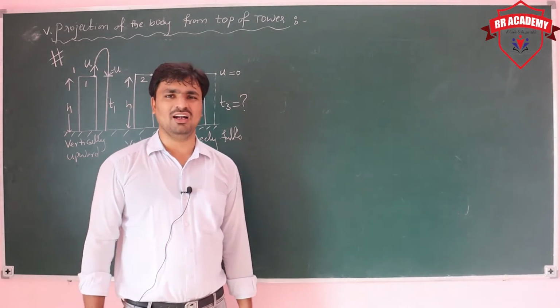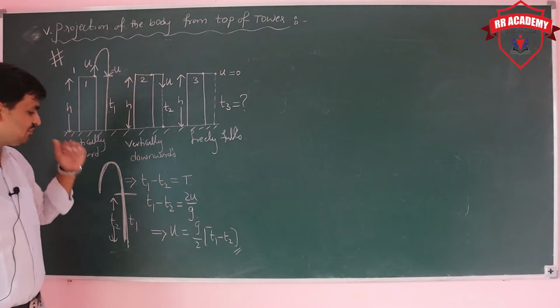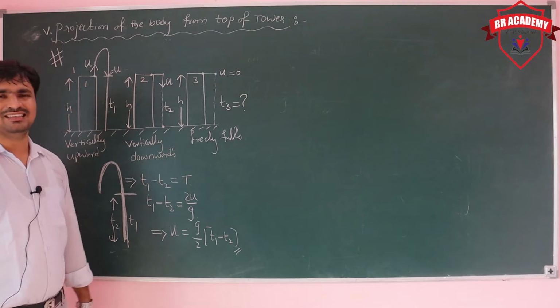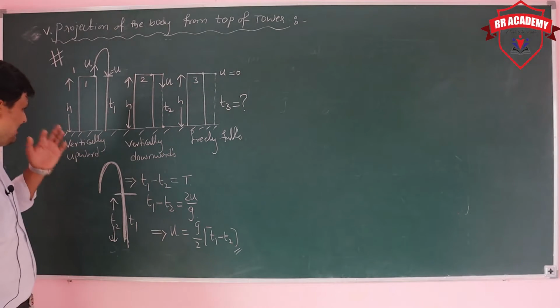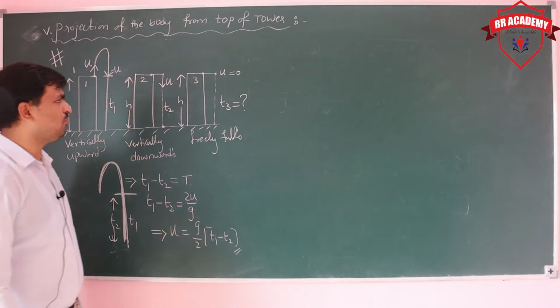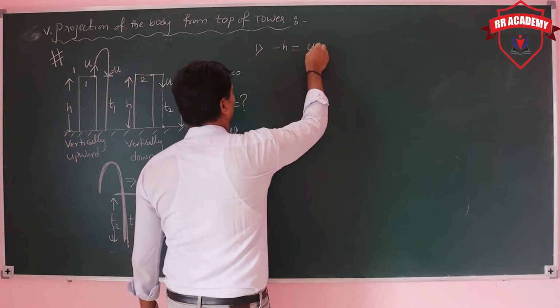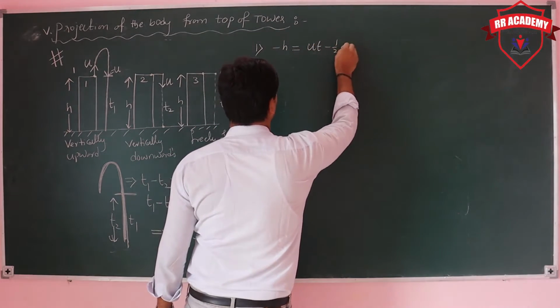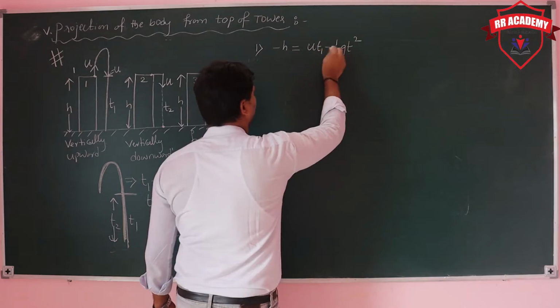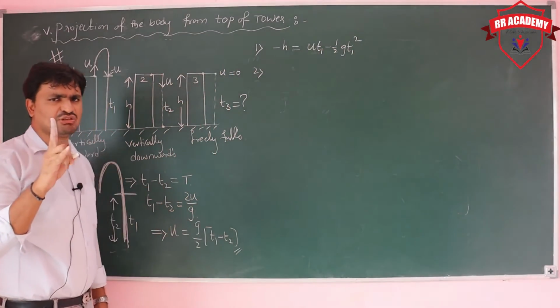Now what do you want? I want the height of the tower and also the t3 value. To get the height of the tower, you can write the displacement equation for both. For the first one, you can write minus h is equal to u t1 minus half g t1 square. For the second one, what can we write?